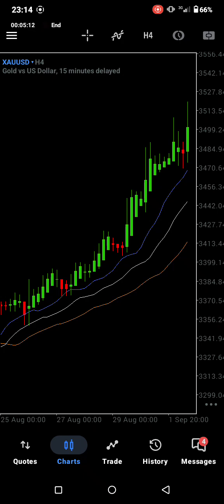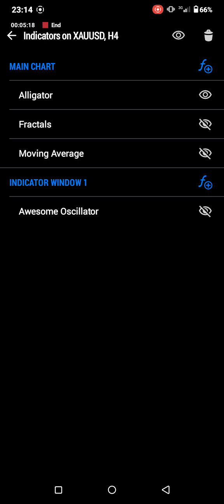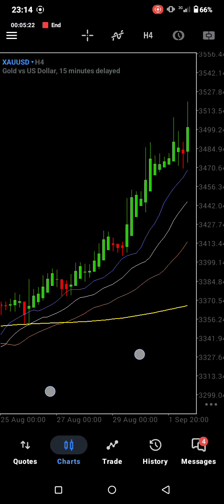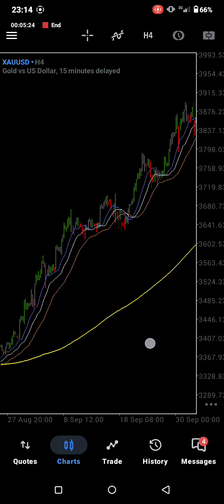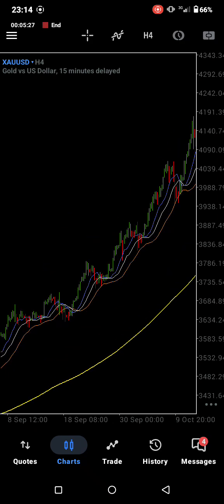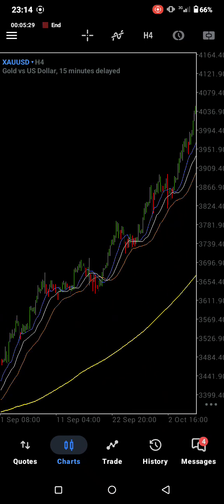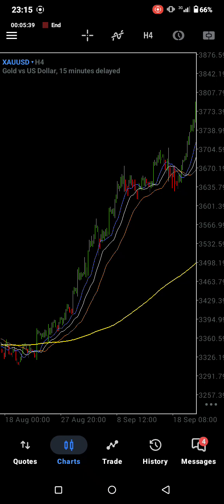To add more filters, just to add an extra line of filtering, we're going to add a moving average, right? The 200 moving average, right? This is the average price of 200 candles, and as long as price is above this moving average, it's considered a bullish market, right? So we're only targeting bullish trades, right?